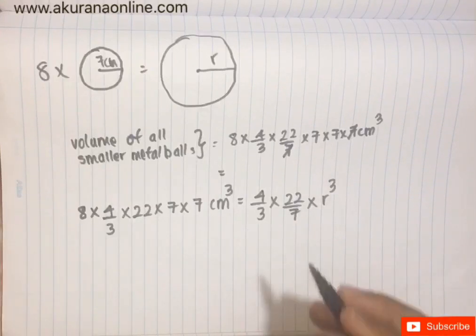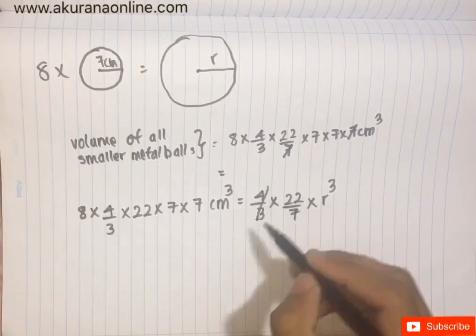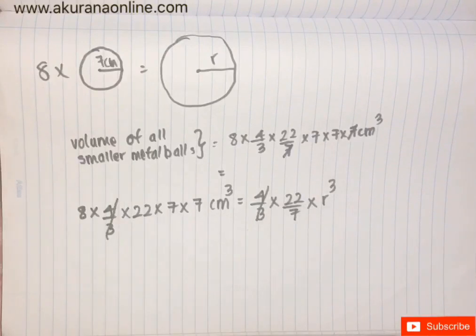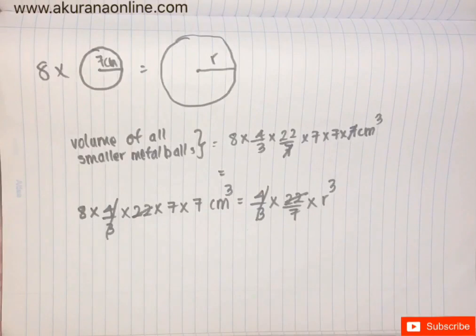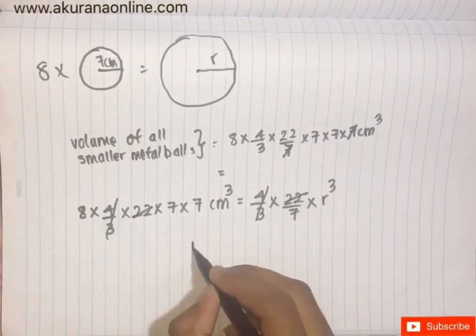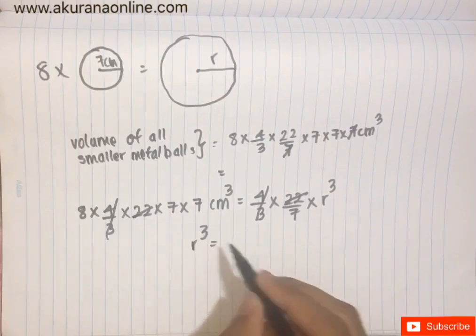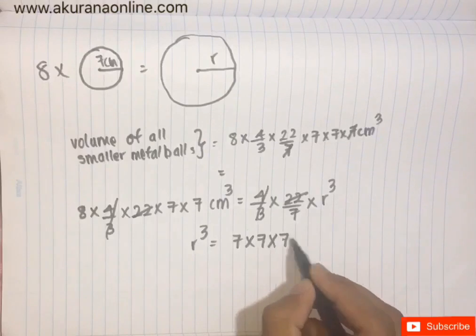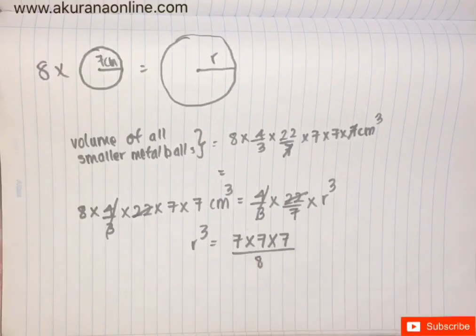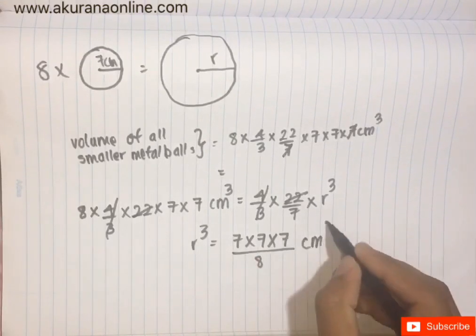Okay, now what you can do is cancel the 4 over 3 on both sides. Also you can cancel 22 and 22. So what values are left here? You have r cube is equal to 7 into 7 into 7 divided by 8 centimeter cube.